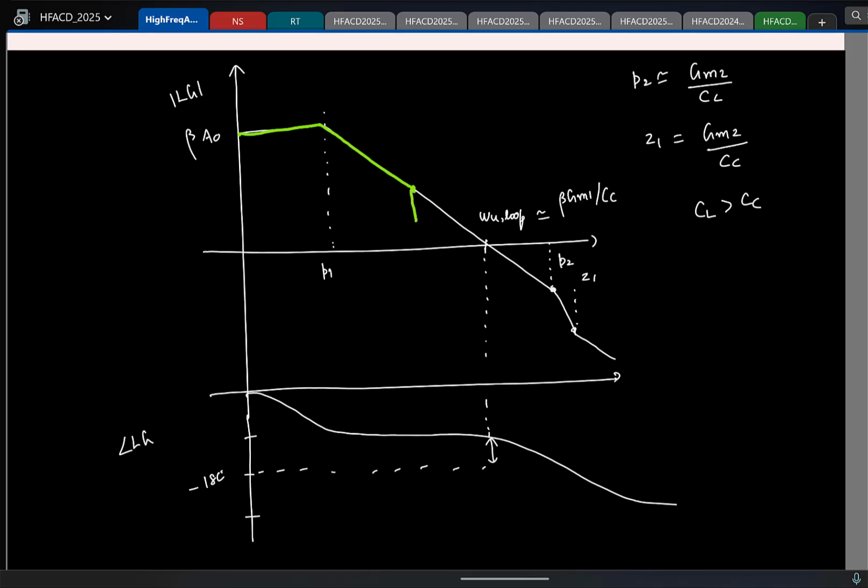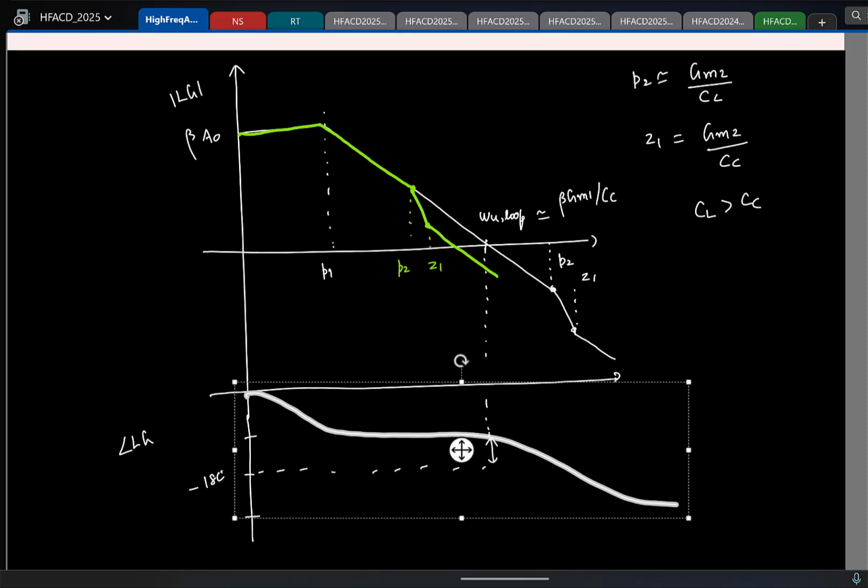Let's say this is minus 40 dB per decade, or something like this, and then the pole 0 comes, so it does this, right? This is pole 2, correct. So now one may say that, hey, I look at the magnitude plot, I see that this is the unity loop gain frequency now, right?